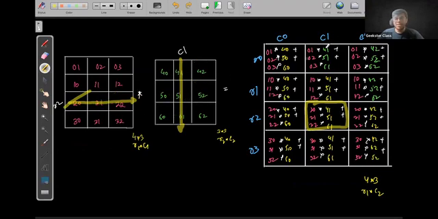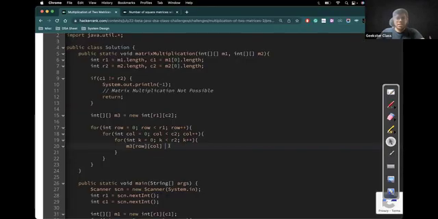Whatever the previous resultant is, add the current multiplication, which is first matrix row, comma K, into second matrix.